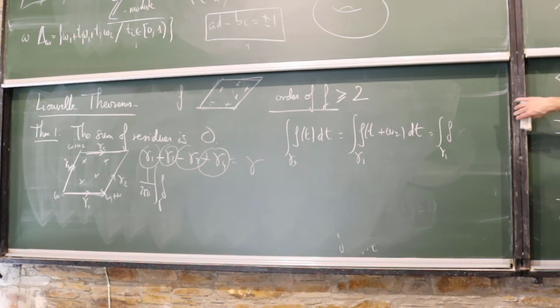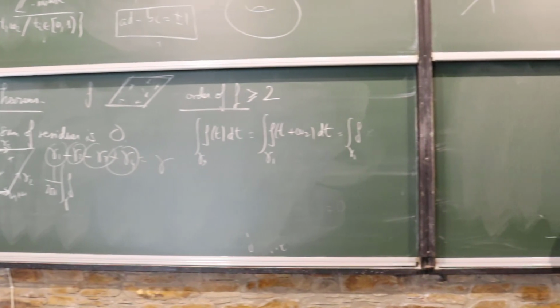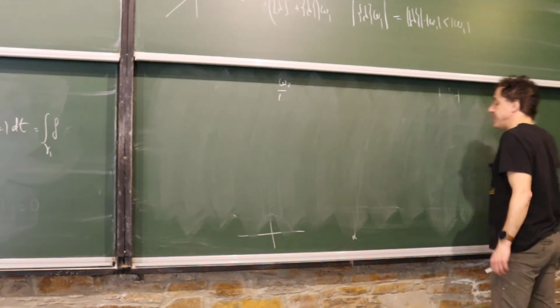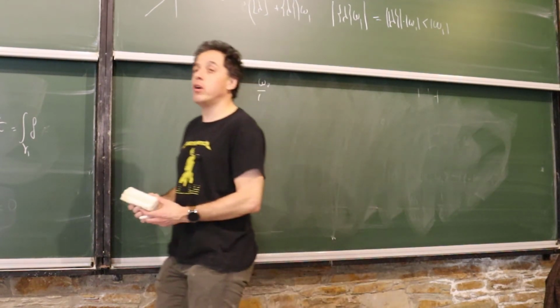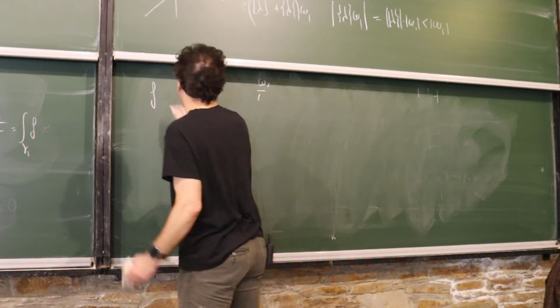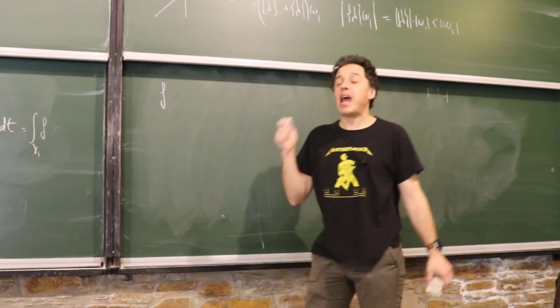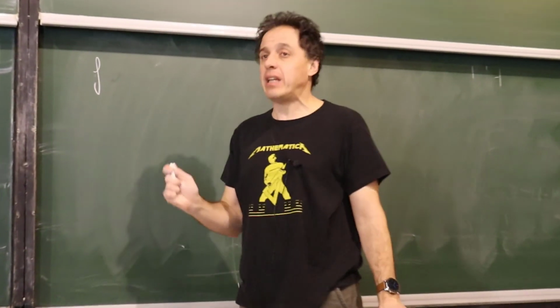The second Liouville theorem says that each value is taken the same number of times. If you have some elliptic function f, f takes every value c the same number of times.